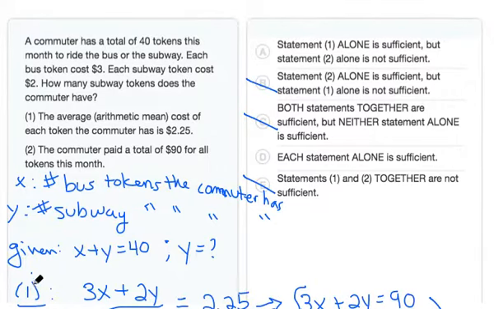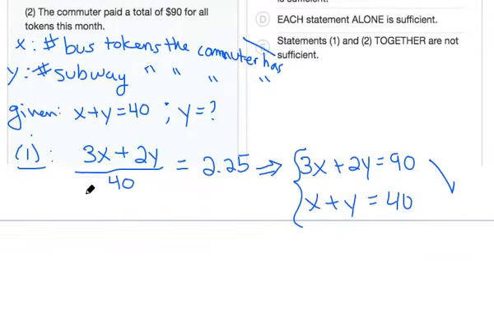So similar to what we did for statement 1, let's consider statement 2 alone. We'll scroll down here a little bit and leave statement 2 available to read. Statement 2 says the commuter paid a total of $90 for all tokens this month. This gives us an equation if we interpret this.